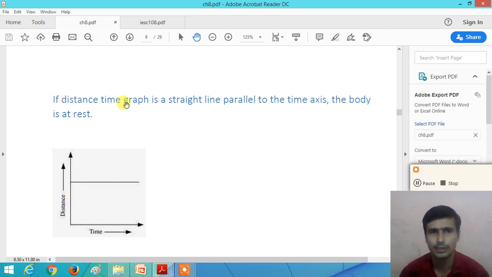If the distance time graph is parallel to the time axis like this, the body is said to be at rest or stationary. So the body is not in motion, right? It is in a rest condition at this much distance, at one place.